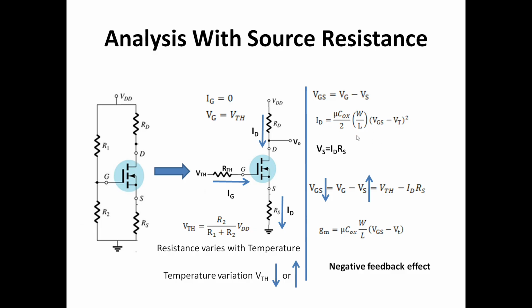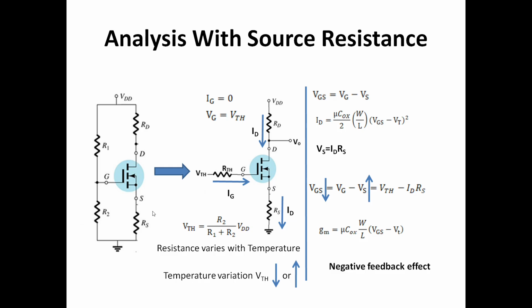From this equation, we can explain that if VGS increases, then ID will increase. Now, if ID increases, then what will happen? The potential drop across this RS will increase. So VS will increase. If VS increases, then Vg minus Vs will reduce. So if Vs increases, Vgs will decrease.